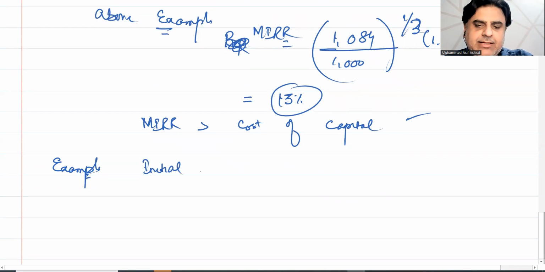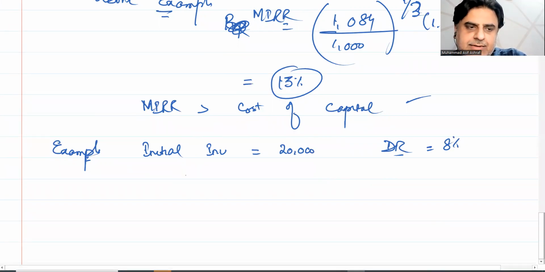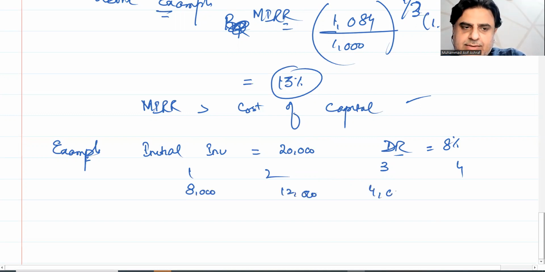Initial investment is 20,000. Discount rate, assuming 8%. Return phase given to you, years 1, 2, 3, 4. Cash flows 8,000, 12,000, 4,000, 2,000.